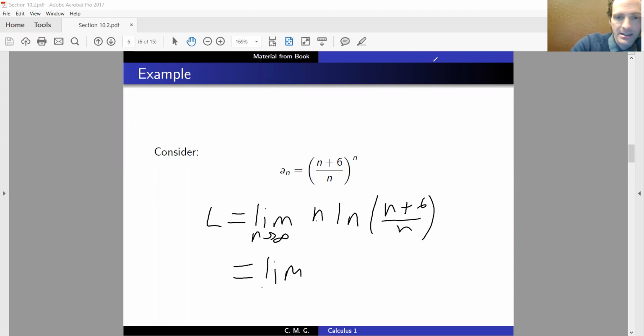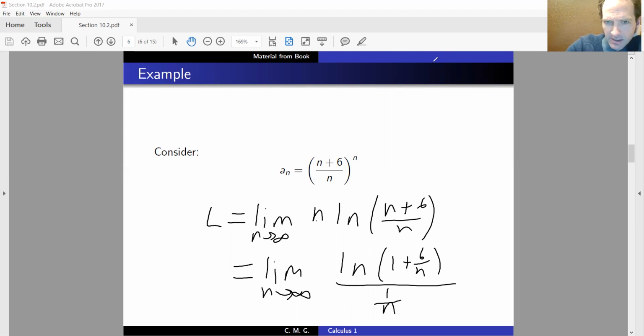So I have the limit as n goes to infinity of the natural log of (1 plus 6 over n), divided by 1 over n, or n to the -1 power. That's 1 over n, but it's also n to the -1. It's easier to take the derivative of n to the -1 than 1 over n potentially. So along those same lines, I'm going to make that 6 times n to the -1 as well.